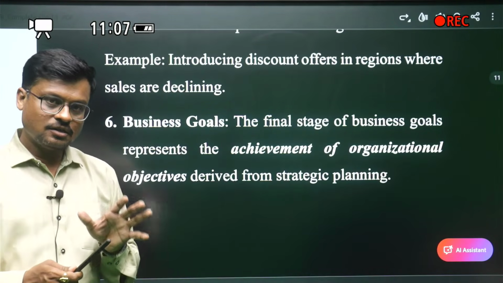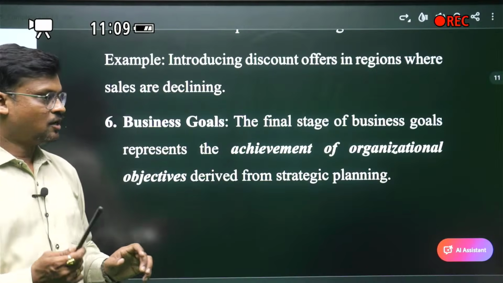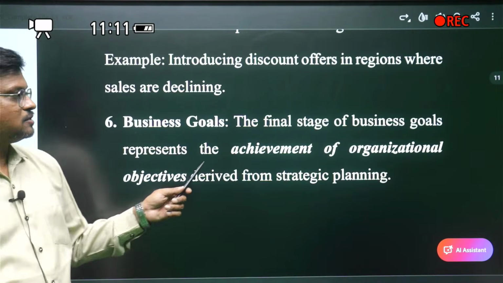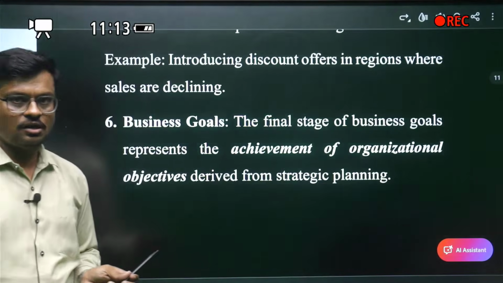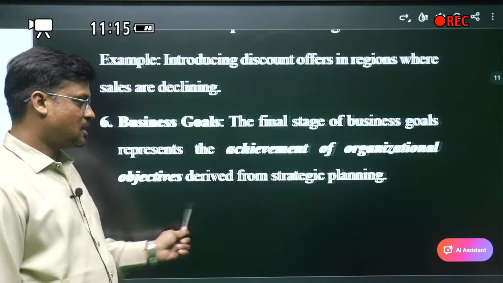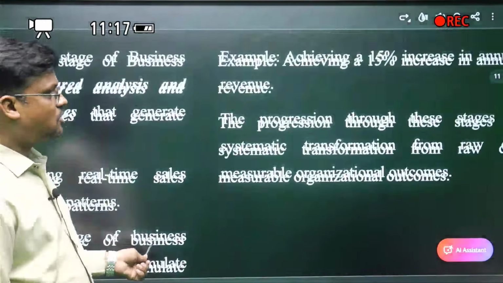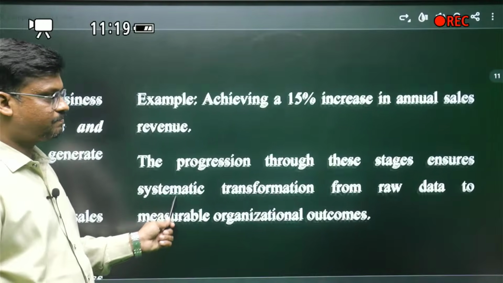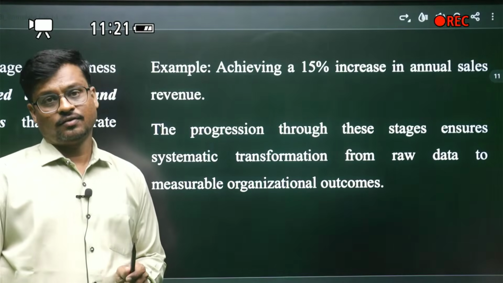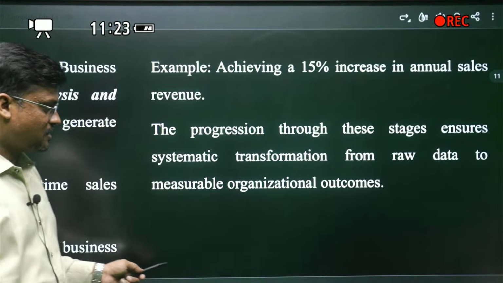When you do all these things, you are going to achieve your organizational goals. These are the elements or stages involved in the value chain of business intelligence. This answers your question.